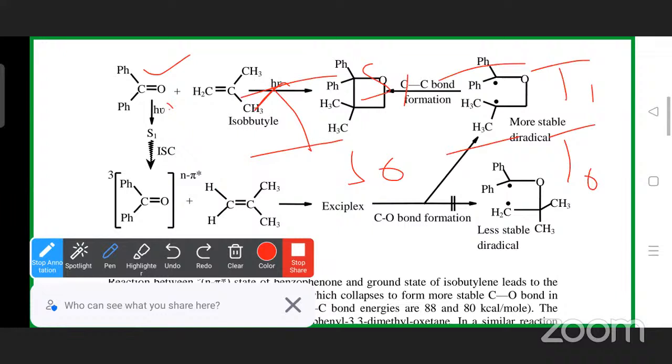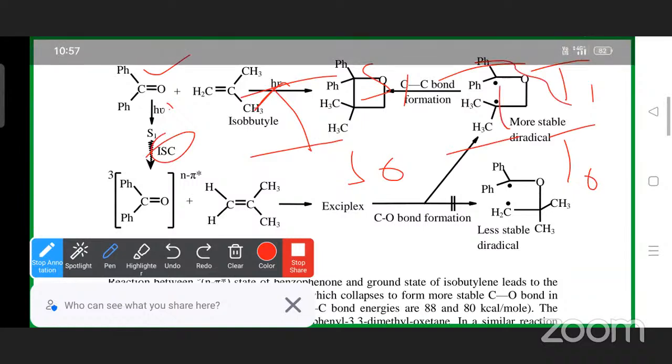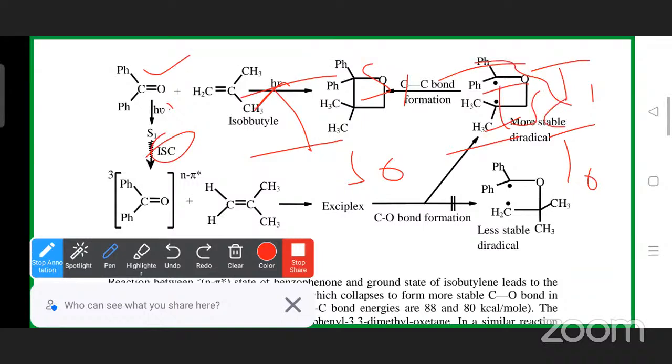Then by ISC, intersystem crossing, the energy is transferred to the triplet state.